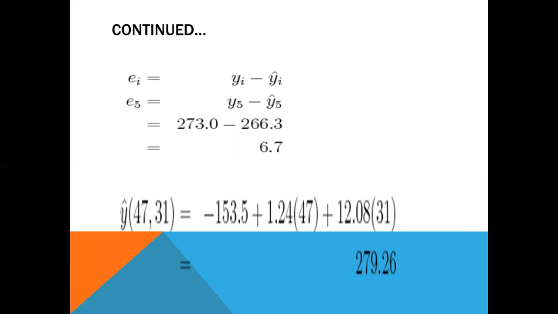So minus 153.5 plus 1.24 multiplied by 47 plus 12.08 multiplied by 31, which is equal to 279.26. So our answer is 279.26 for the new set of x values 47 and 31.